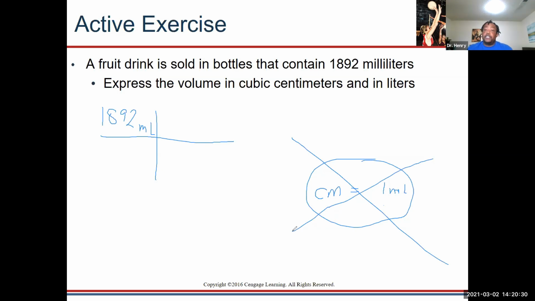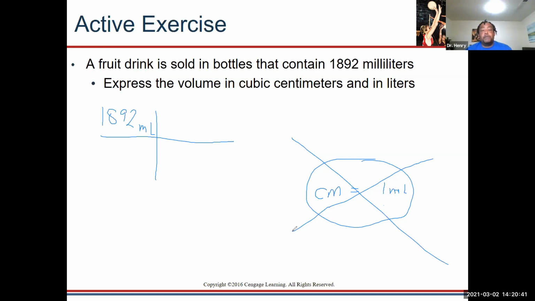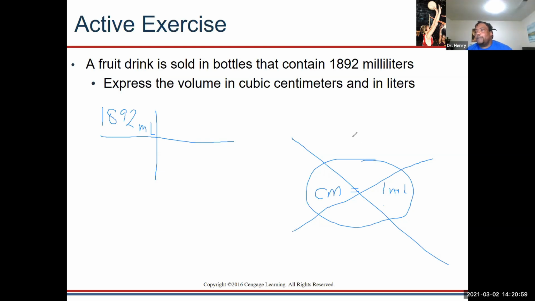So we want to always pay attention to the units that we're using. Isn't cubic centimeters a volume? Yes. So we already have it in here. So what is the relationship between a cubic centimeter and a milliliter? How many cubic centimeters will equal 1 milliliter? 1.